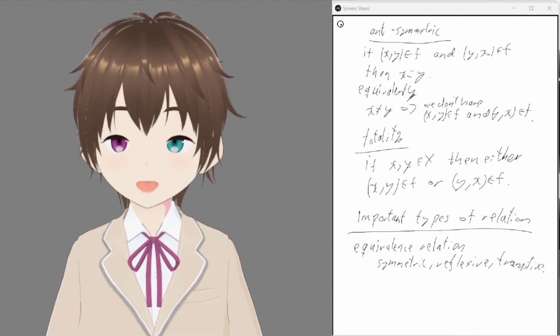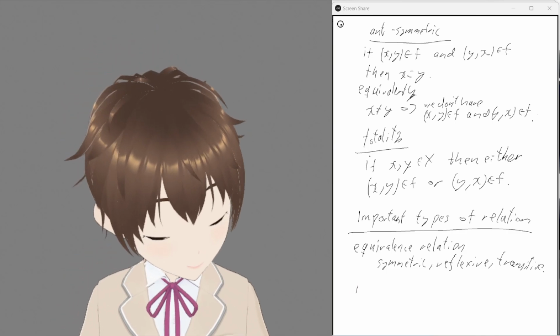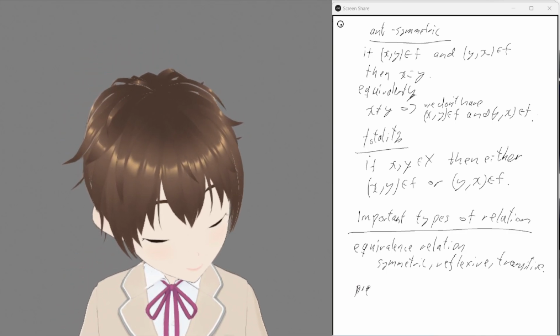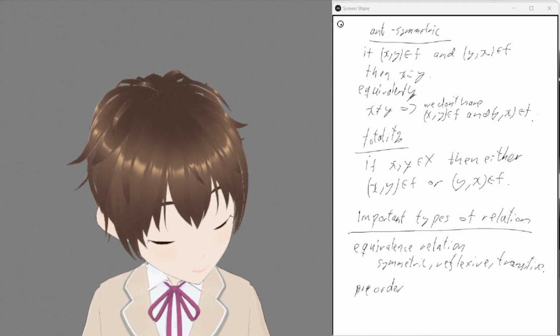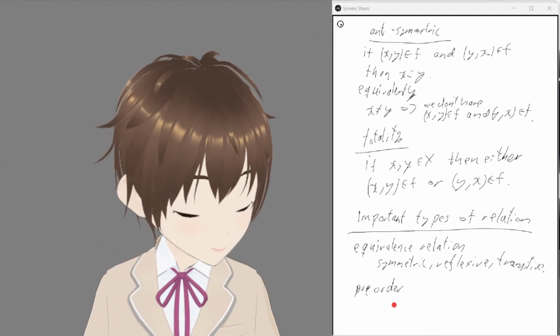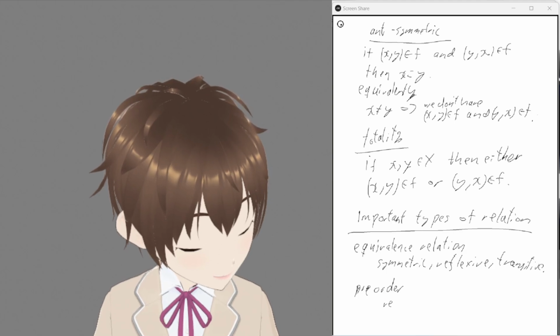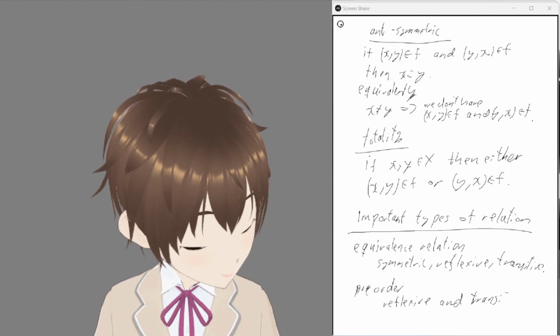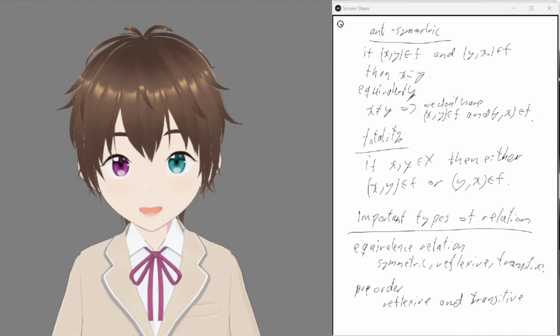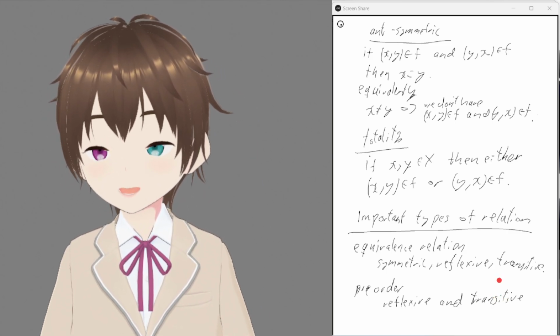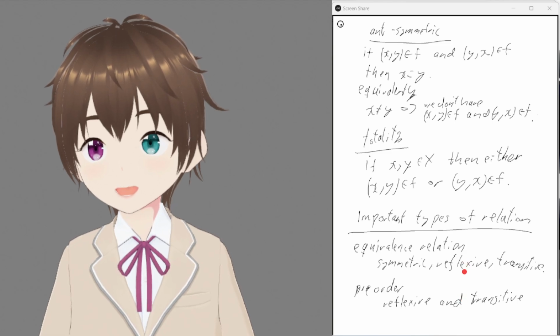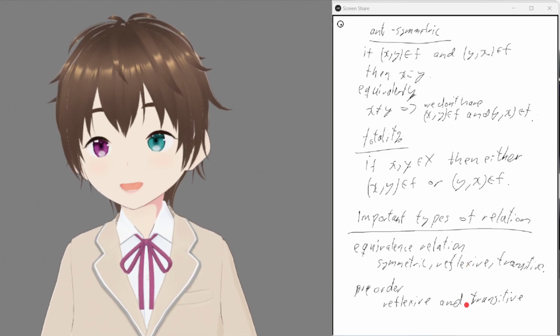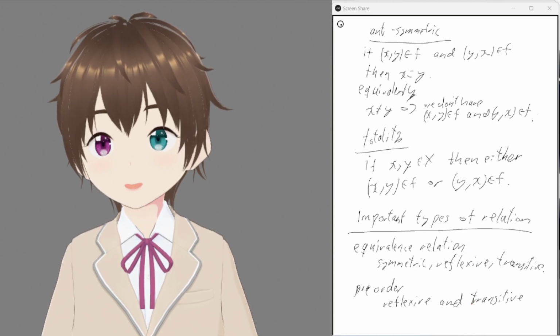The next one I want to talk about is a preorder. This gives the notion of being reflexive and transitive. So this is sort of a weaker thing than an equivalence relation. We'll see later that you can use preorders to define equivalence relations. And in fact, you can use them to define partial orders after you've got your equivalence relation.